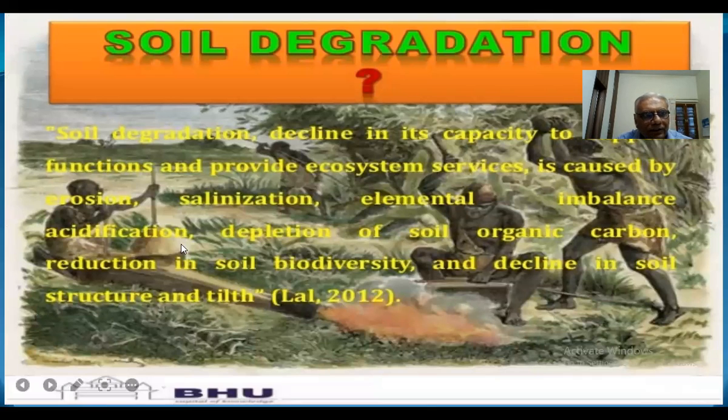Soil degradation is the decline in capacity to function and provide ecosystem services, caused by erosion, salinization, elemental imbalance, acidification, depletion of soil organic carbon, reduction in soil biodiversity, and decline in soil structure and tilth.